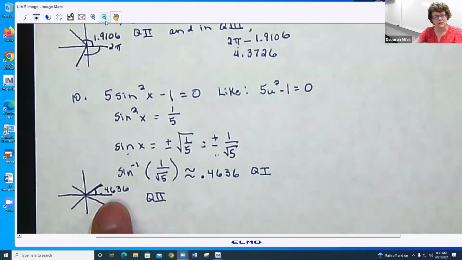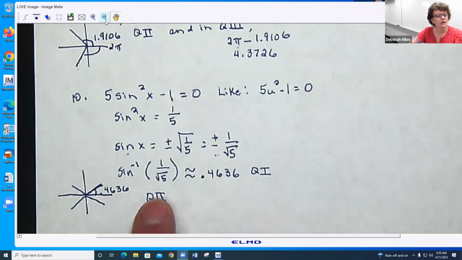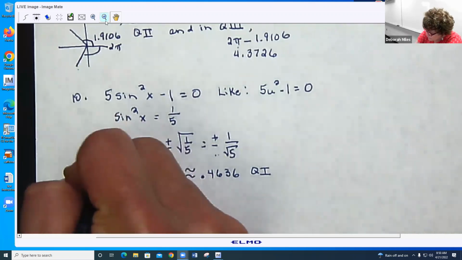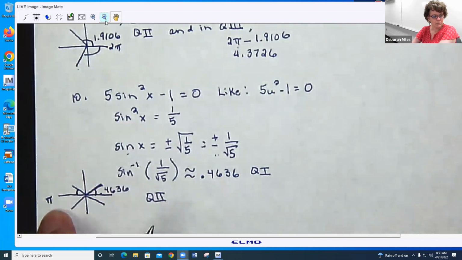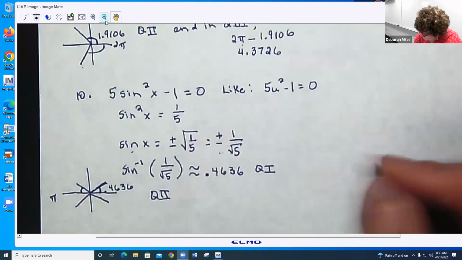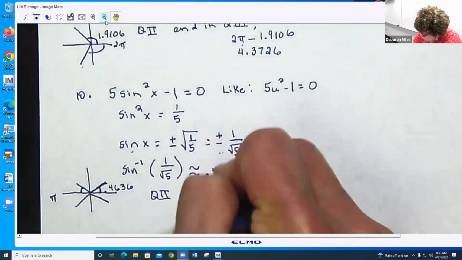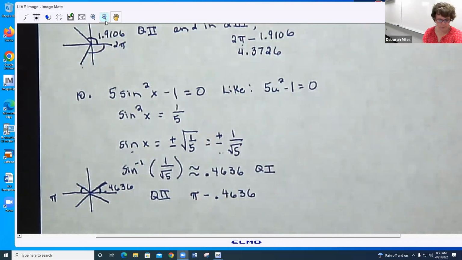Would I subtract pi minus 0.46 or 0.46 minus pi in the second quadrant? No, in the second quadrant, I haven't quite made it to pi. Pi is about 3.14, and I'm about half a radian short of that. So pi minus 0.4636 would give you your second quadrant angle.